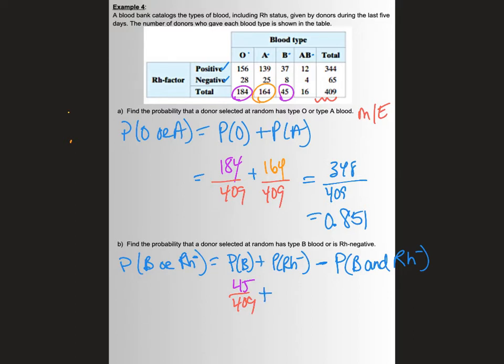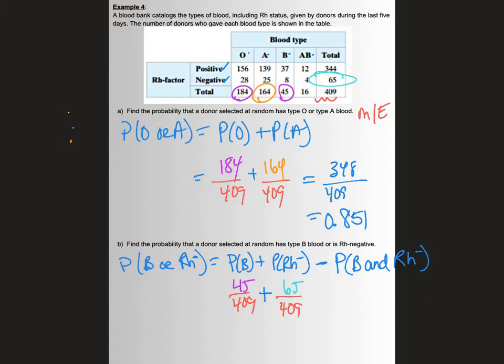I'll go to green. That's not going to show up very well. I can't even pick a nicer, darker green or anything. Let's go with an aqua, see what that does. All right. Rh negative, there are 65 total people that are Rh negative, right? So 65, that doesn't really show up very well. I'm sorry, guys. Well, it doesn't for me. Hopefully it does for you guys.